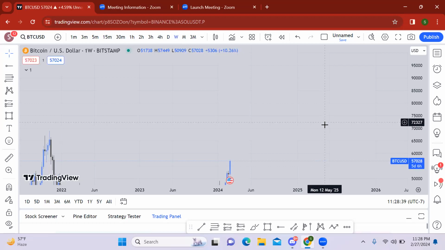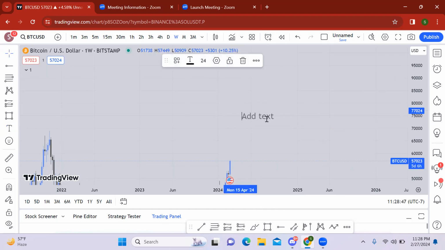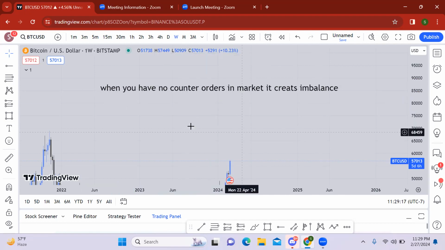So in trading terms, when you have no counter orders in the market, it creates imbalance.